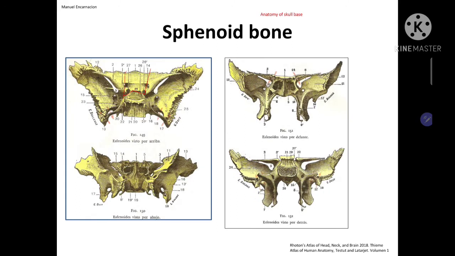Jugum sphenoidalis, limbus sphenoidalis. We're going to find the prechiasmatic groove, and remember, it goes through the channels, going laterally to the optic canals.